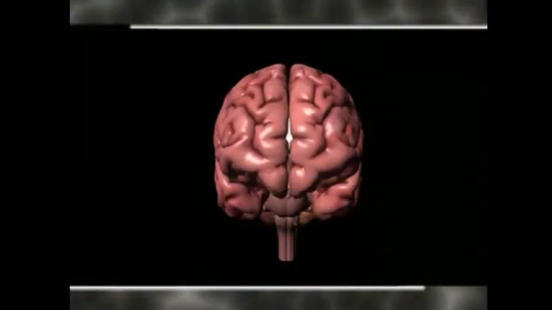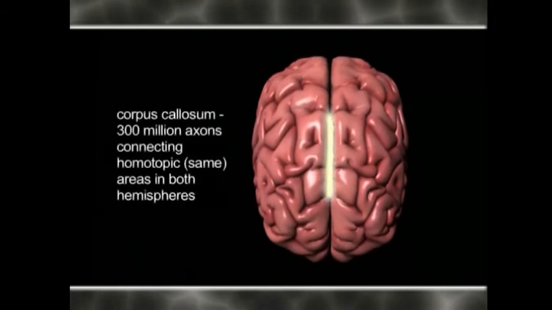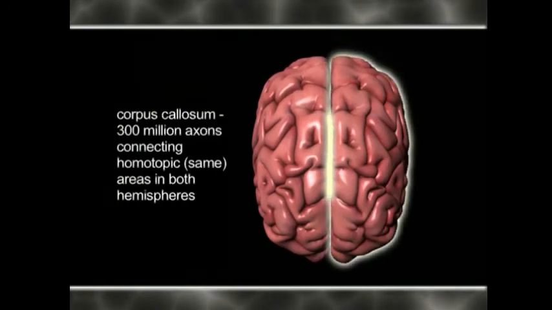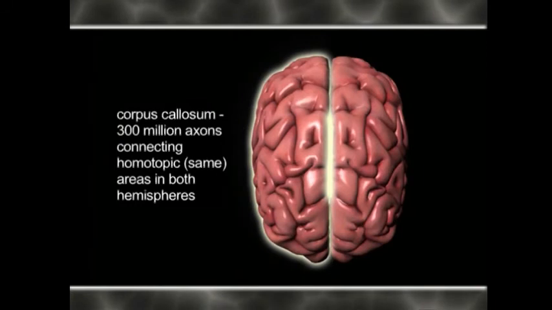So if we have two brains in our head, how is the information in the two hemispheres coordinated? Well, it's coordinated via that corpus callosum, those 300 million axons that connect one cortical area in one hemisphere with the same area in the other hemisphere.